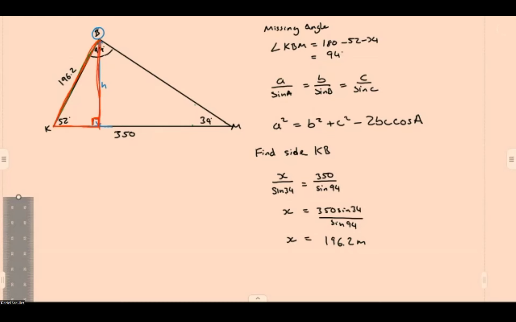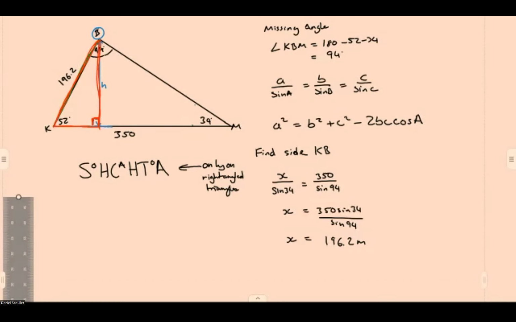Then you have to be aware that to find a missing side on a right angle triangle when you've got a side and an angle, you can use SOHCAHTOA, only on right angle triangles. SOHCAHTOA is not given to you in the exam.